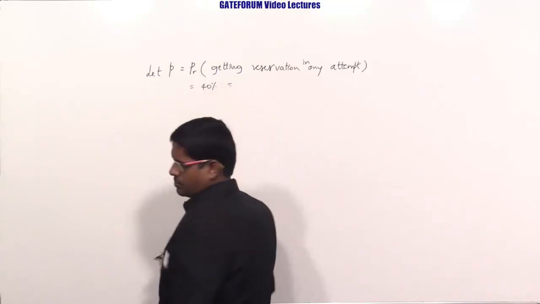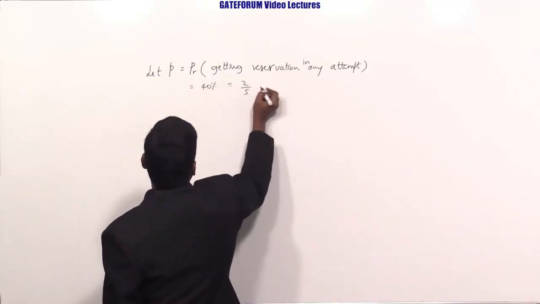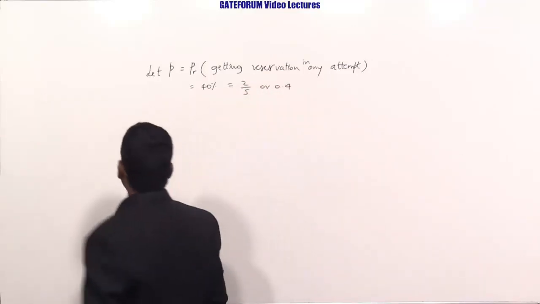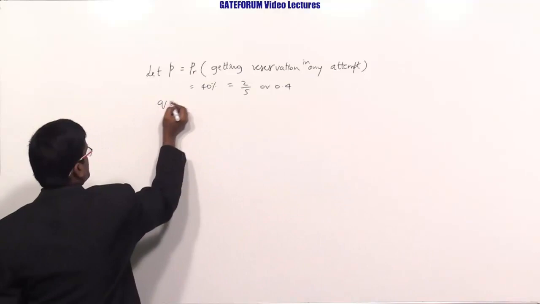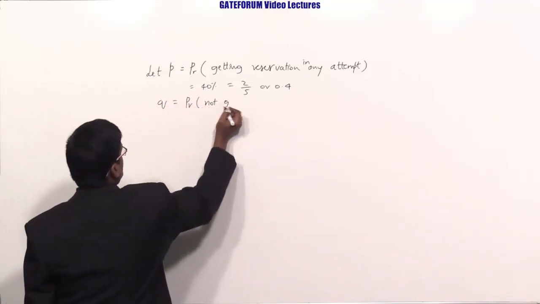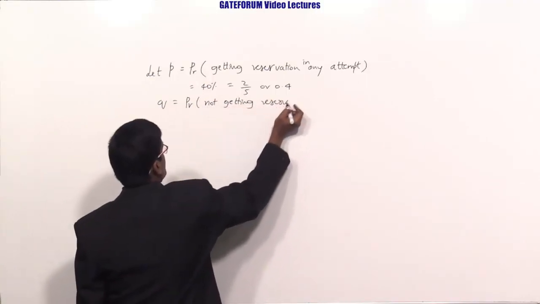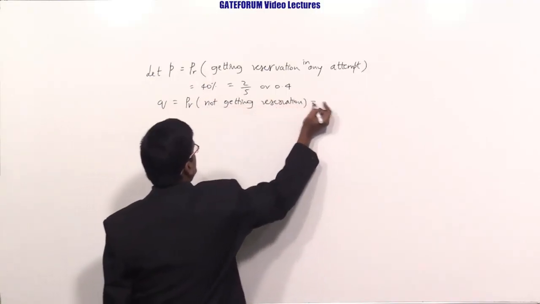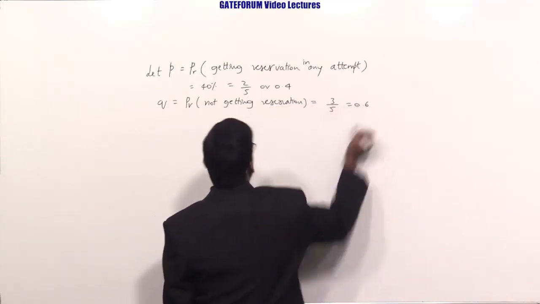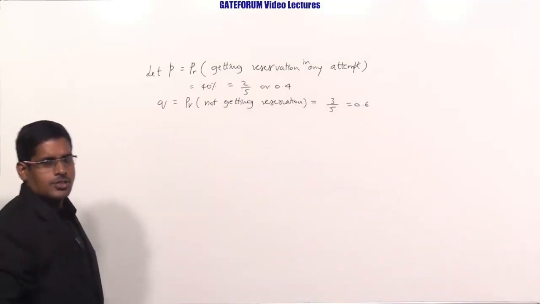So that is nothing but 40 by 100, you can write 2 by 5 or 0.4. So what is Q? Probability of not getting reservation is nothing but 3 by 5, that is 0.6, 60% chance of not getting reservation.